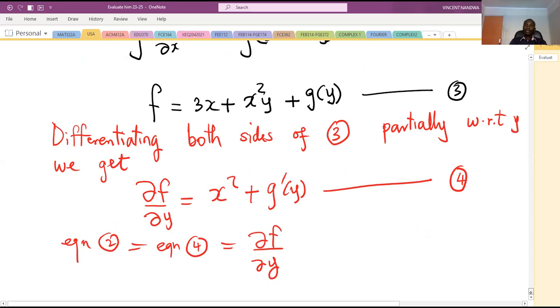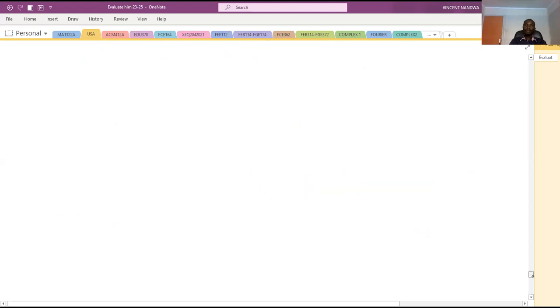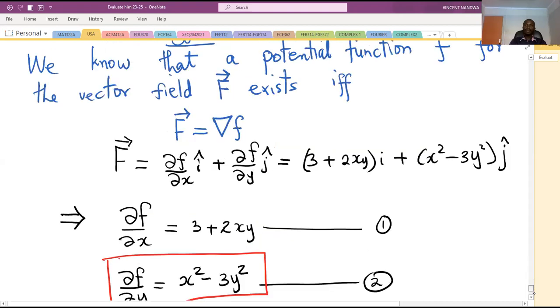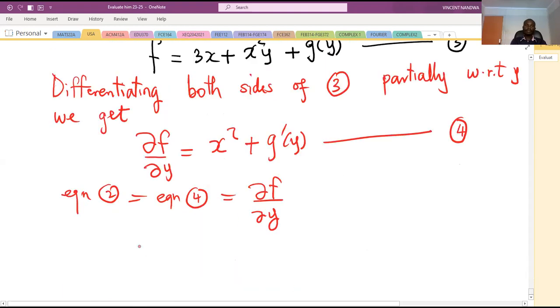Now equation 2 is given by x squared minus 3y squared, which must give us x squared plus g prime of y.